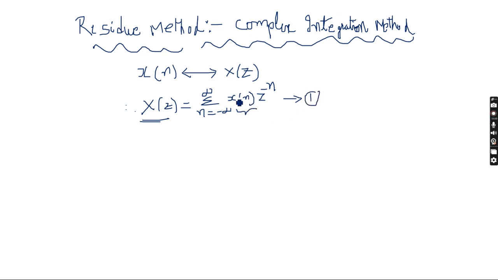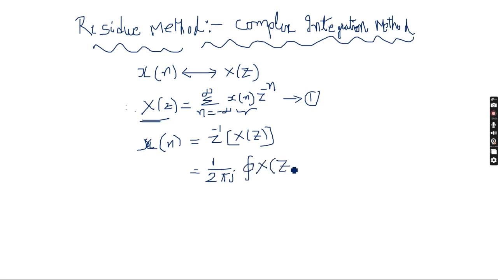But if X of z is given, how will you find out x of n? The inverse z transform of X of z. So from the conventional method, the equation is x of n equal to 1 by 2 pi j contour integral of X of z z to the power of n minus 1 dz.